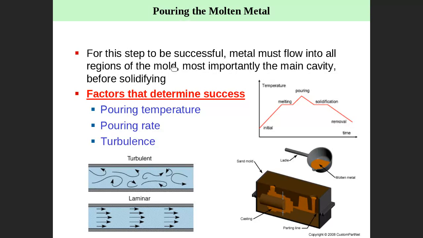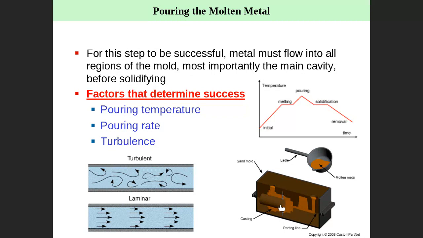For this step to be successful, the metal must flow into the region of the mold, most importantly the main cavity, before it solidifies. It means that the liquid must fill the whole cavity. If the liquid doesn't fill the whole main cavity, it's a defect.